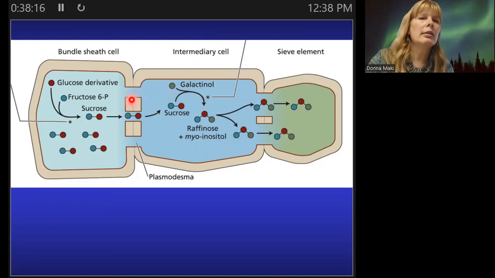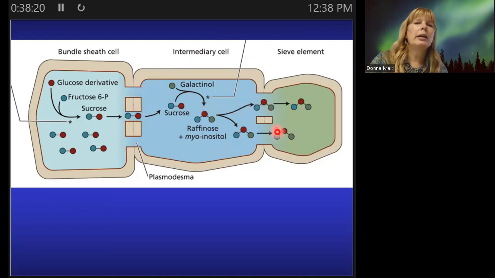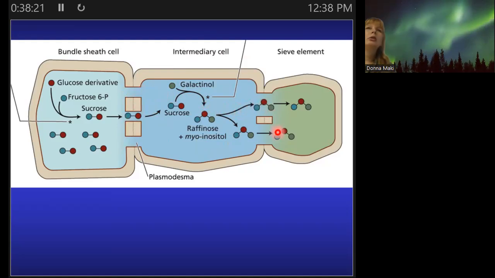So you look at the width of the diameter here of the plasmodesmata and then compare it to the diameter loading into the sieve tube element. And you can see how the artist drew it. There's a difference in diameter. So they had to experimentally look for that and do some really careful measurements.